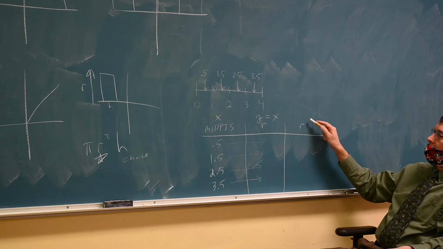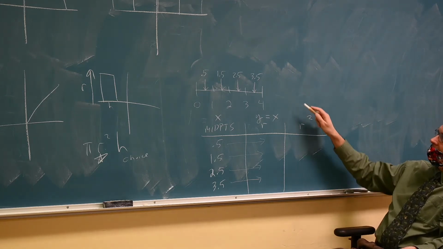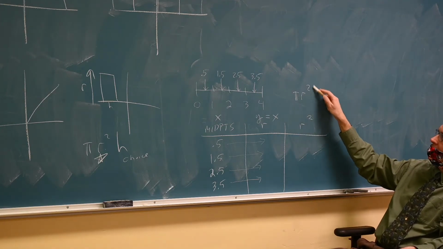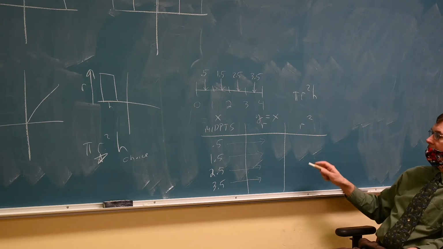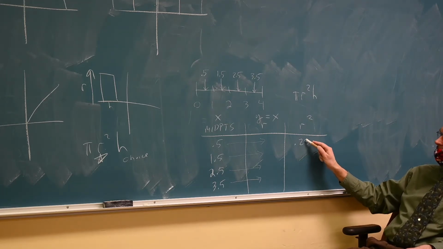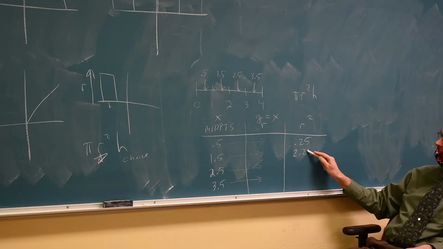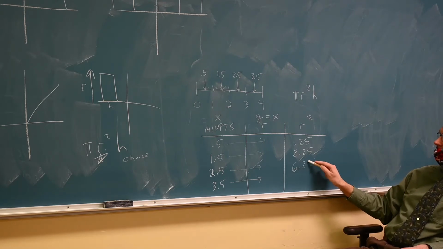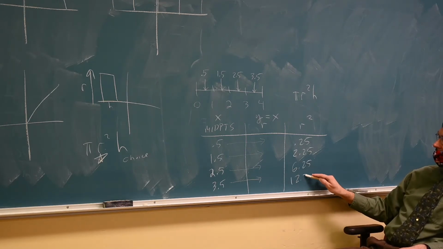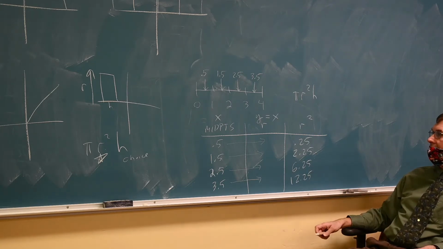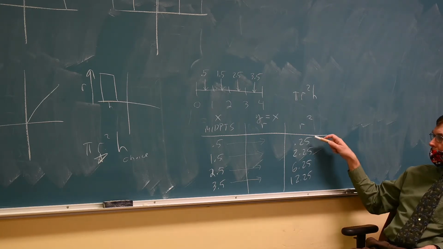Then we're going to want to go not just the radius, but the radius squared, because pi r squared h, we've got to square the radius. So I'm going to go 0.5 squared, 1.5 squared, 2.5 squared, 3.5 squared. And then I cut out of table time. What do we want to do to these?